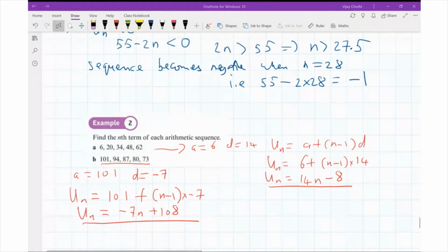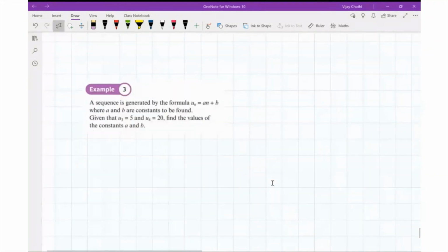Is that easy? Is that foolproof? So you're given a formula un equals an plus b. So this is a linear expression. So whenever you have a linear expression, the sequence will turn out to be arithmetic anyway. So u3 equals 5.